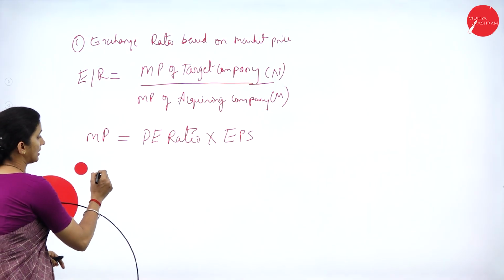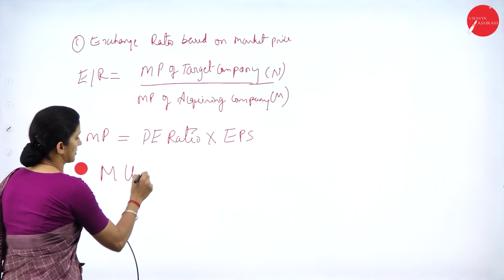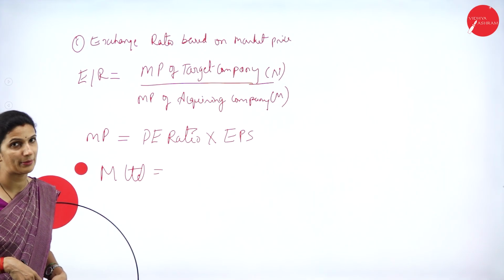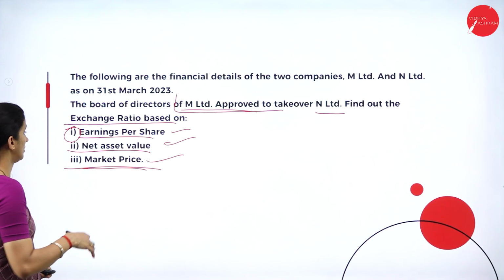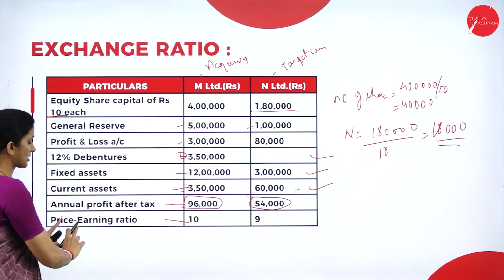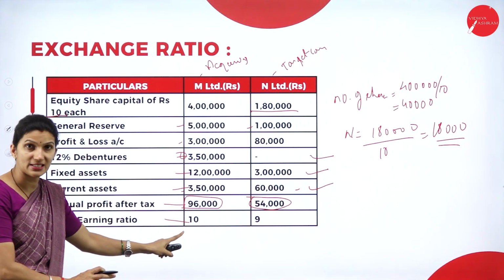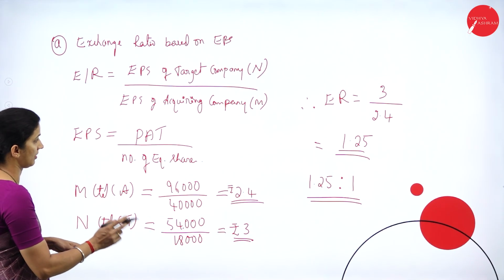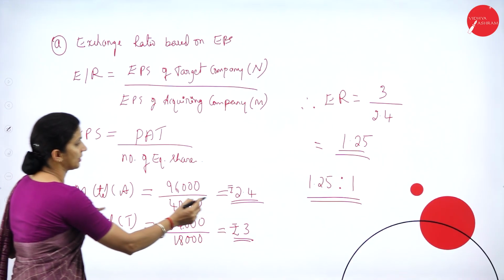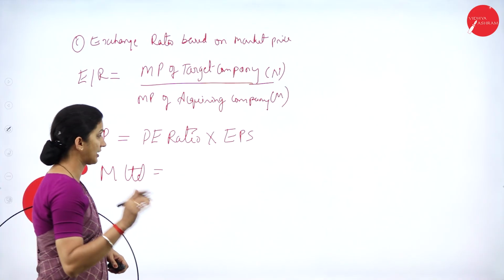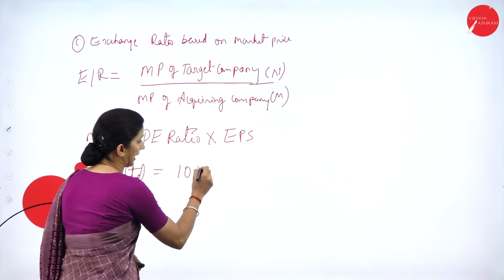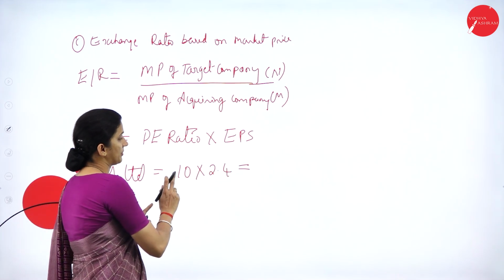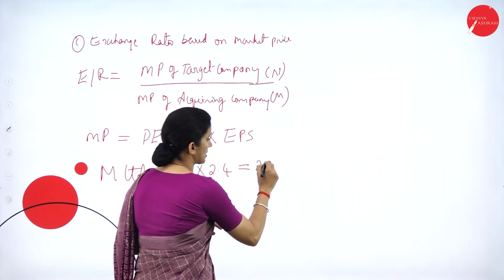So now we'll calculate for M Limited first. We know the P/E ratio and also the EPS of M Limited. See the question here: the price earning ratio of M Limited is 10, and we also calculated the EPS. The EPS of M Limited is 2.4. So the P/E ratio is 10 into EPS 2.4, so the market price for M Limited is 24.